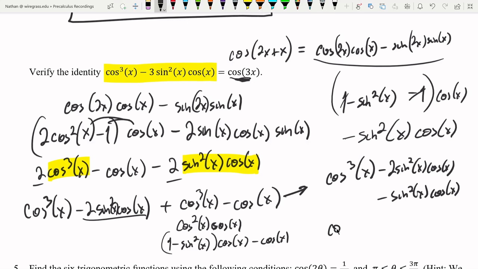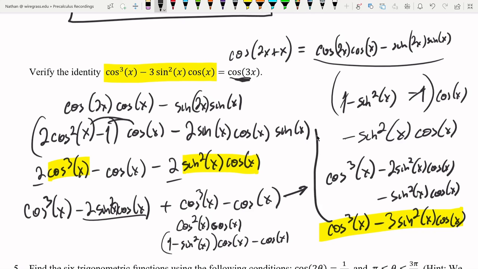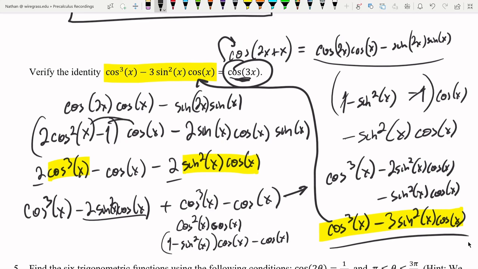Those add up to give me cosine cubed x minus 3 sine squared x cosine x. That is exactly what I want. I want that to give me this. So I changed this using this formula, and I managed to make the left-hand side of the equation. So I've verified the identity using these identities here.